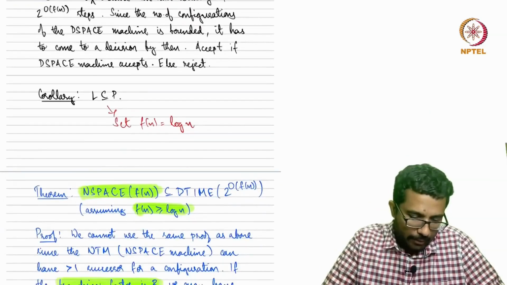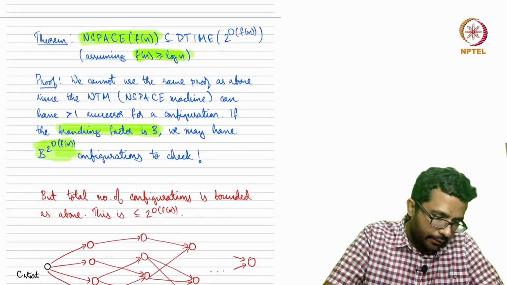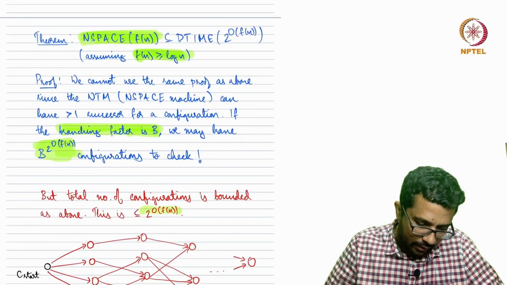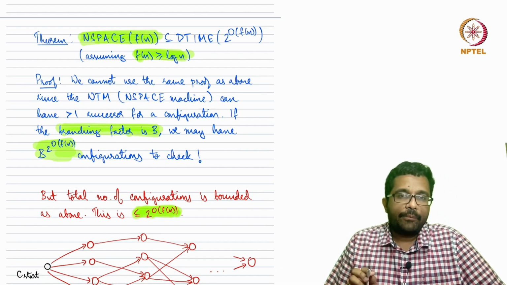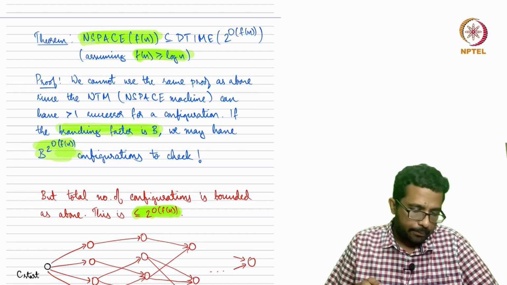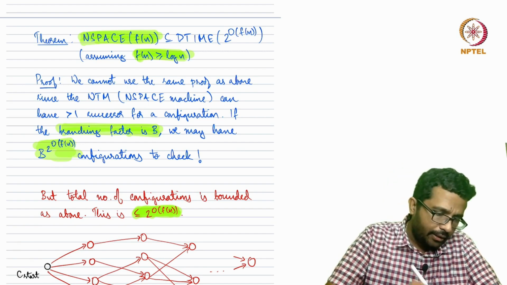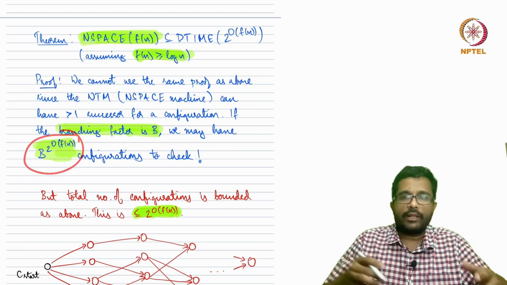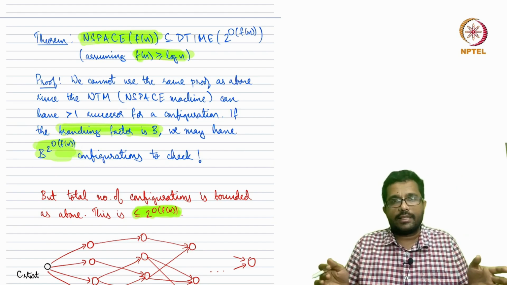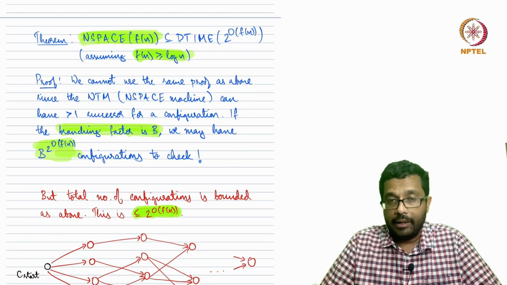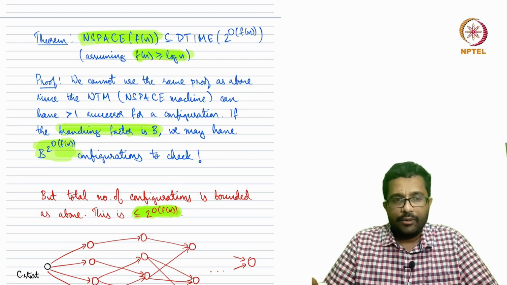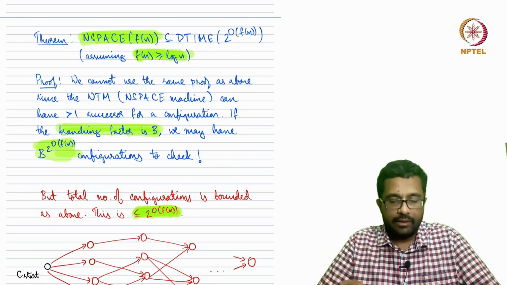So the number of configurations is at most 2^O(f(n)). Many of these configurations are duplicates, since the same configuration may appear in multiple computation paths, so we don't need to duplicate the effort.